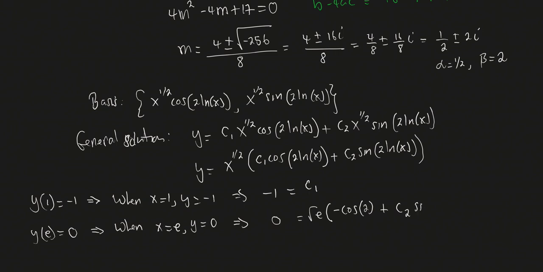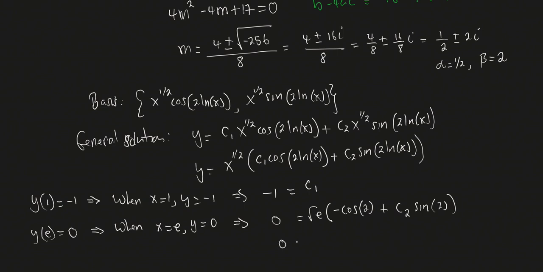Similarly, we'll have the sine of 2 there, right? So we should be able to isolate this and solve for c2. We're just not going to get nice integers. That's what's going to happen when you suddenly have these natural logs and things like this showing up in your basis functions.